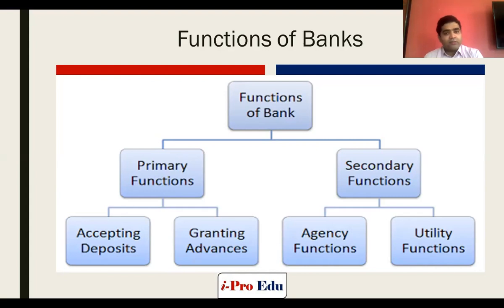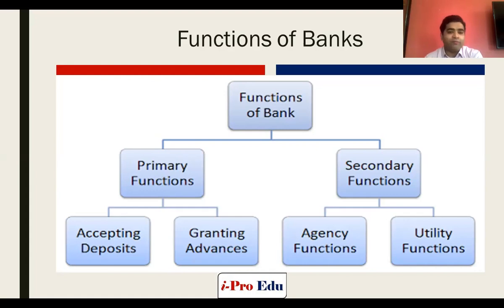There are a few functions which are provided by the banks to the customers, which are known as utility functions. For example, safety vaults. People keep their jewelry, important documents, important objects in bank lockers, where the bank provides a safe space where people can keep their valuable assets and important documents.